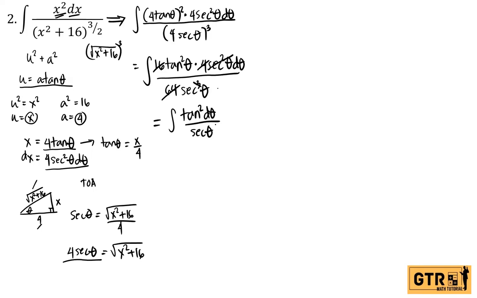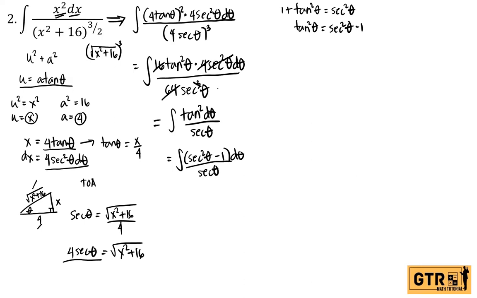Now we will use an identity in order to solve this. We will use the identity 1 plus tangent squared theta equals secant squared theta. To solve for tangent squared theta, just subtract 1 from both sides. Therefore, tangent squared theta is equal to secant squared theta minus 1. So this is now equal to the integral of (secant squared theta minus 1) d theta over secant theta.